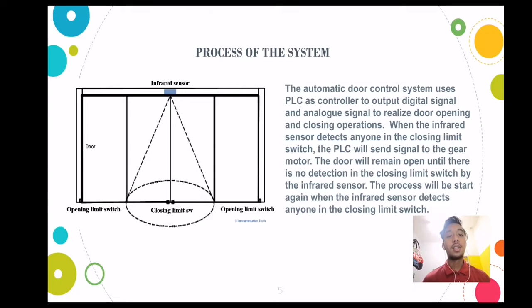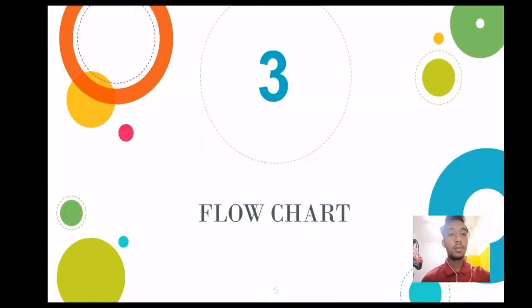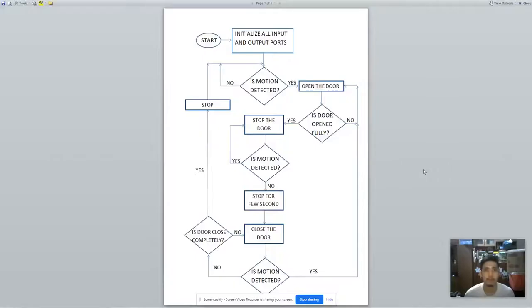We go through to the flow chart. So this is the flow chart. We start at the start, then initialize all input and output ports, then is motion detected? If no, it will go back and initialize all input and output ports.